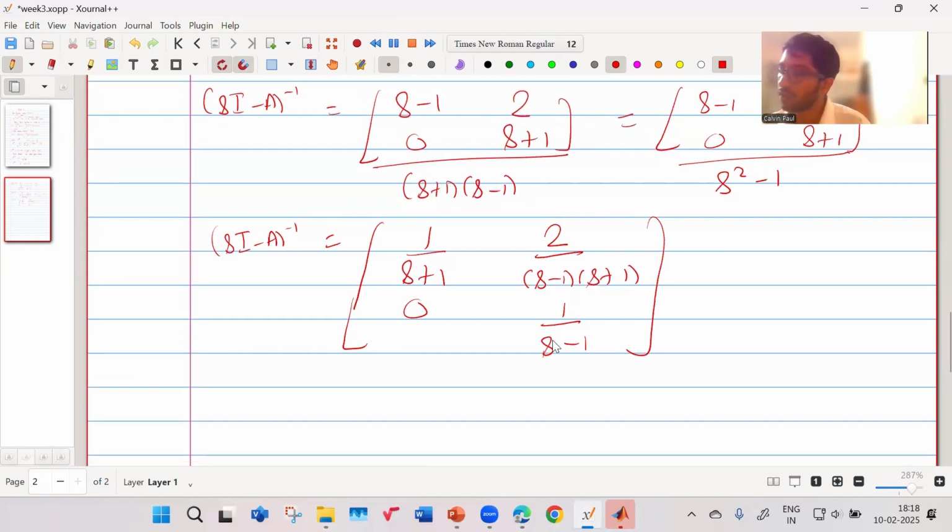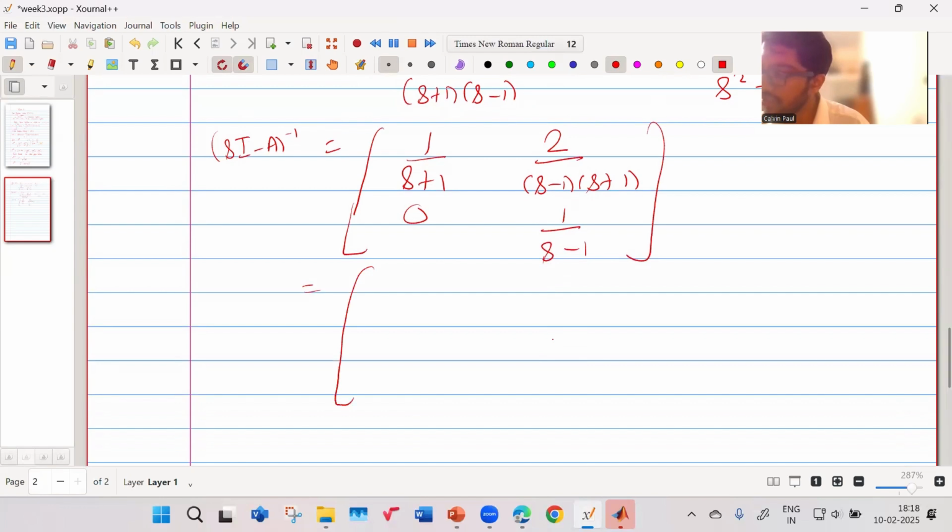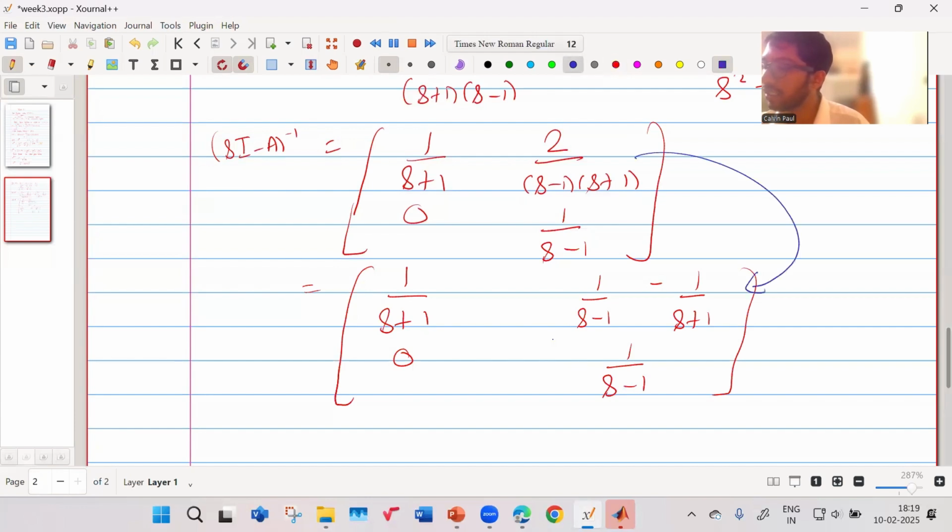Now we have to take the Laplace inverse of this. First, let me write this in a better way: 1 upon s plus 1, then 0. And this 2 upon s minus 1 into s plus 1, I have written as 1 upon s minus 1 minus 1 upon s plus 1.